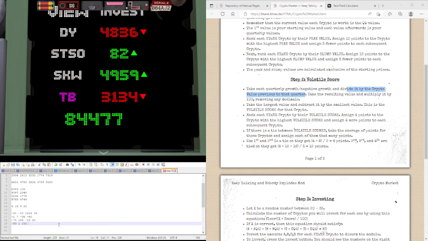And finally, negative 3134 over 3785, times 100 is minus 32.